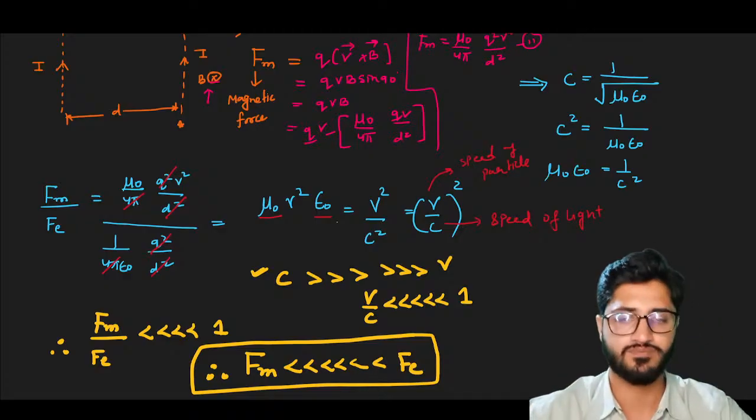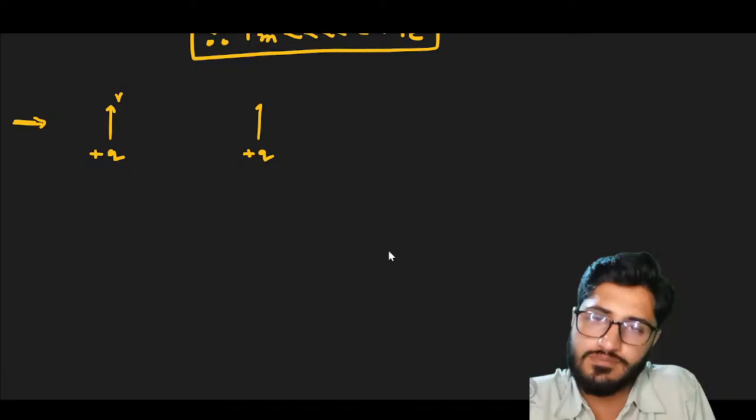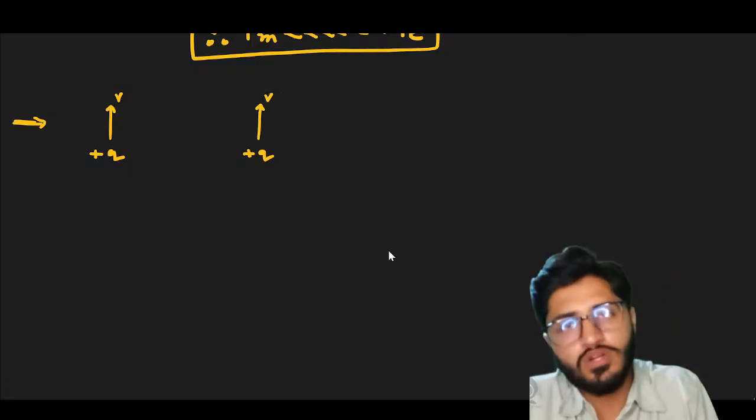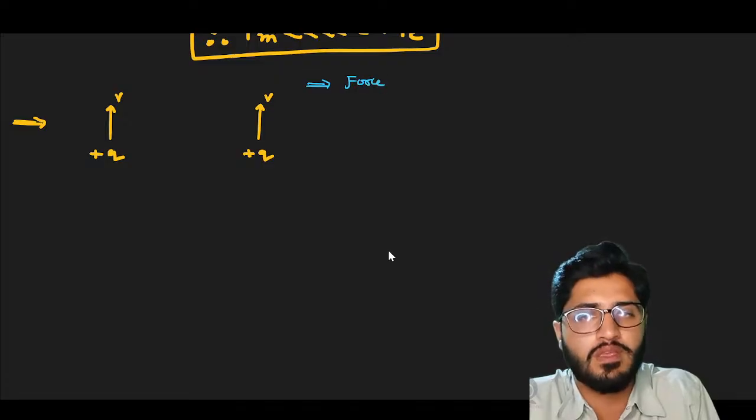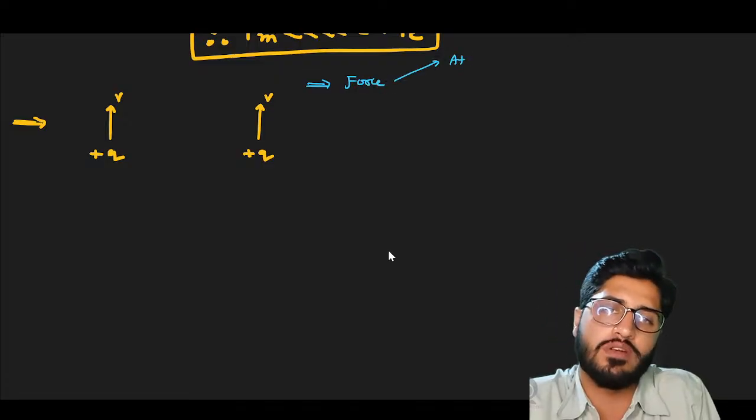Okay, look now. Suppose you have a numerical. Charged particles plus q and plus q are both going in this direction. Just tell me, we know there will be a force, but is this force attractive or repulsive?